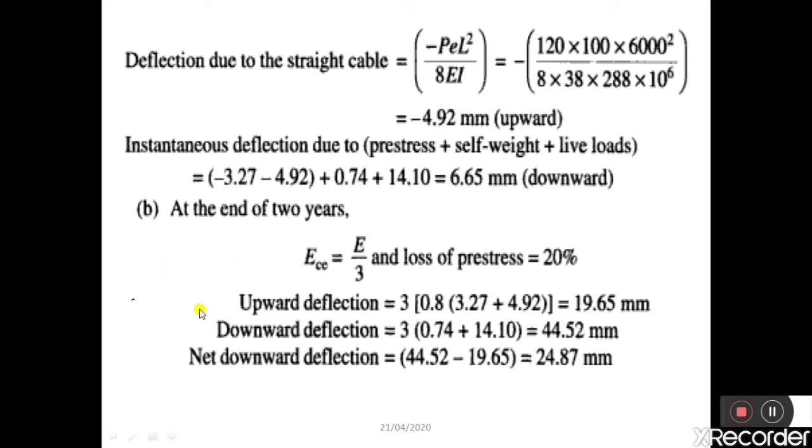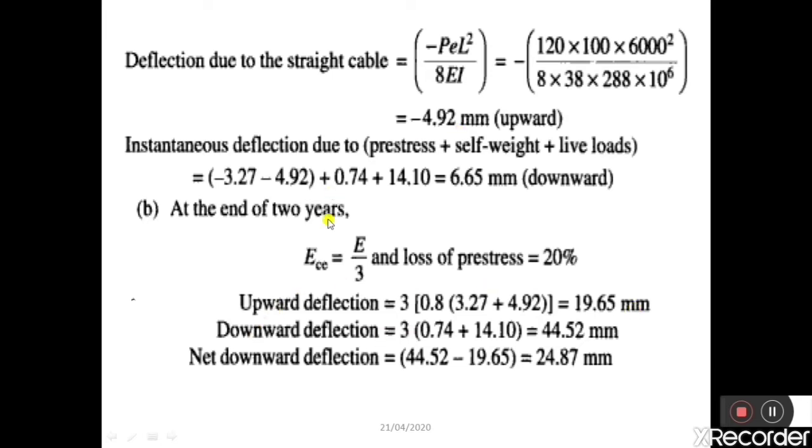So Young's modulus will be equal to 3 times the Young's modulus of that of transfer. So 3 into 0.8 into deflection due to prestress of a tendon, that equals 19.65 millimeter.